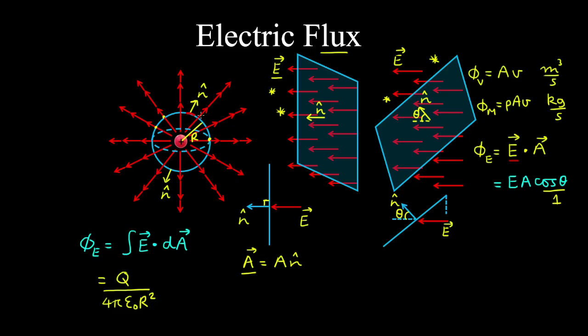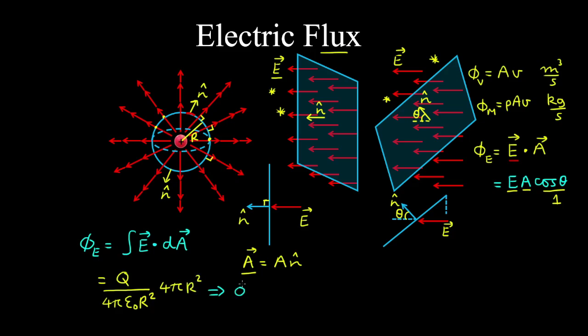And given that this electric field is always parallel to the area vector on the surface of the sphere, then cosine theta will be 1, and we can write the dot product directly as the product of the electric field and the area of the sphere. So the area of the sphere is 4 pi r squared.